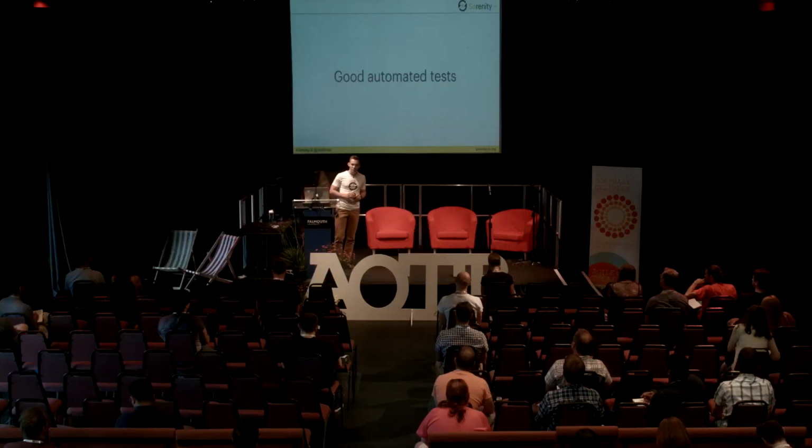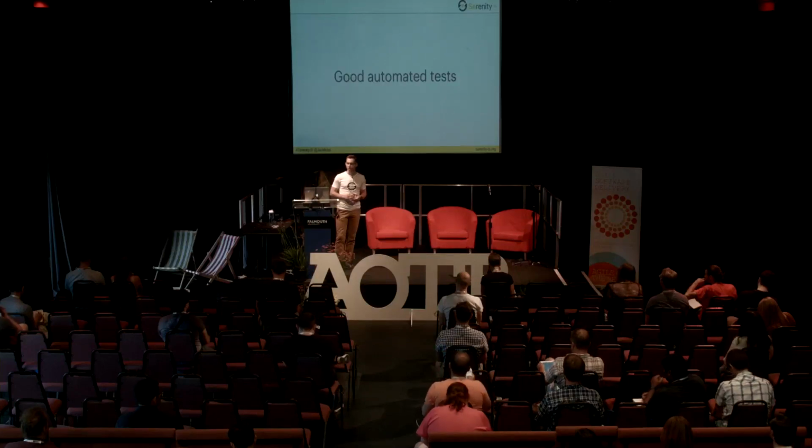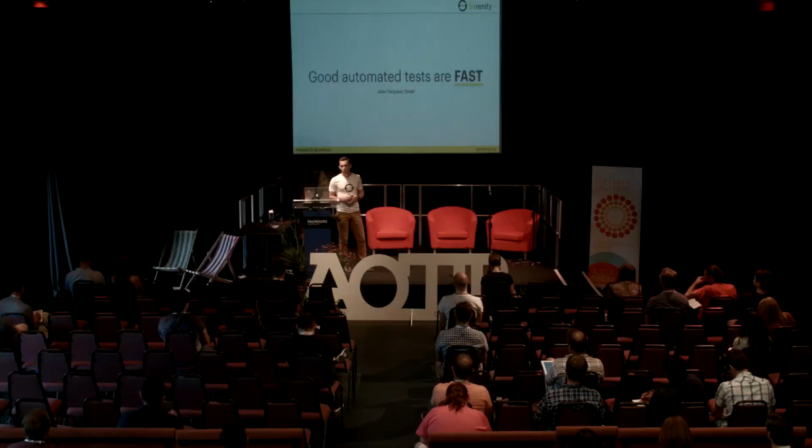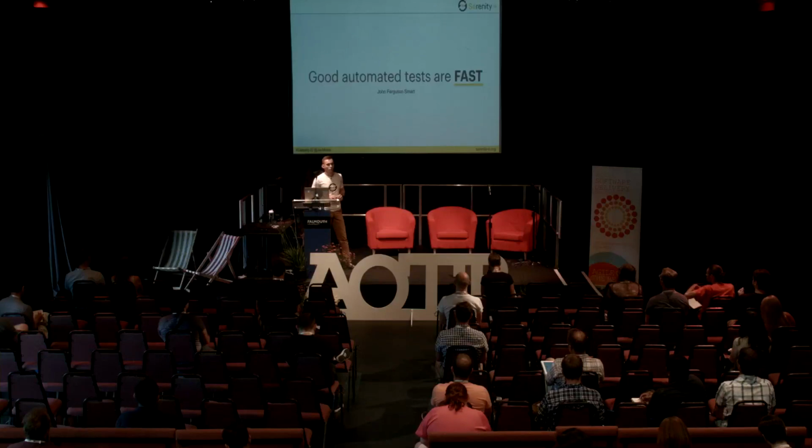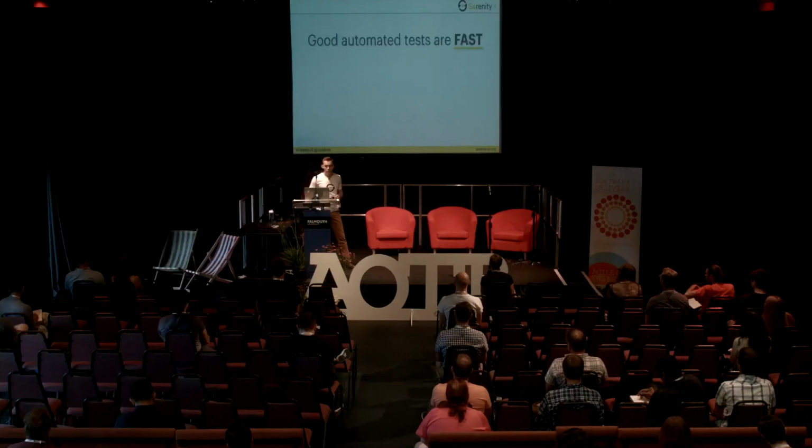Let's talk a little bit more about what good automated tests look like. What are the properties of those tests that we are looking for? What are the characteristics? My friend John Ferguson Smart likes to describe those good automated tests as being FAST. So what does this acronym actually mean?